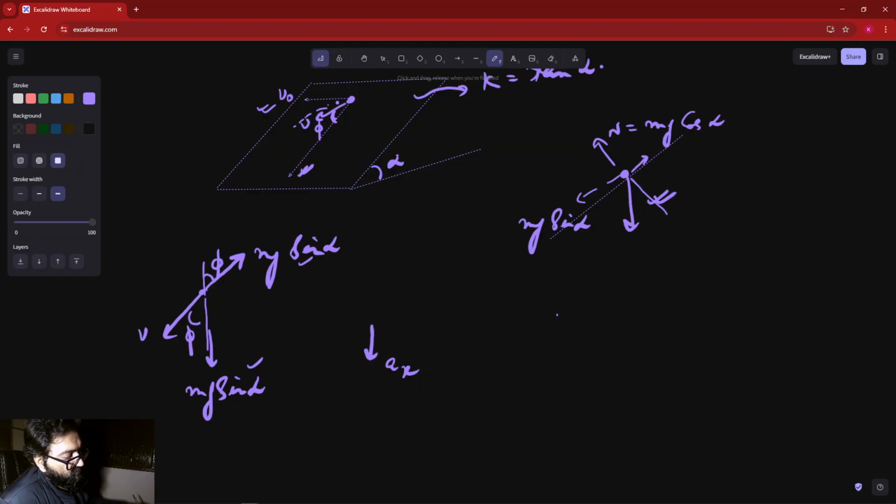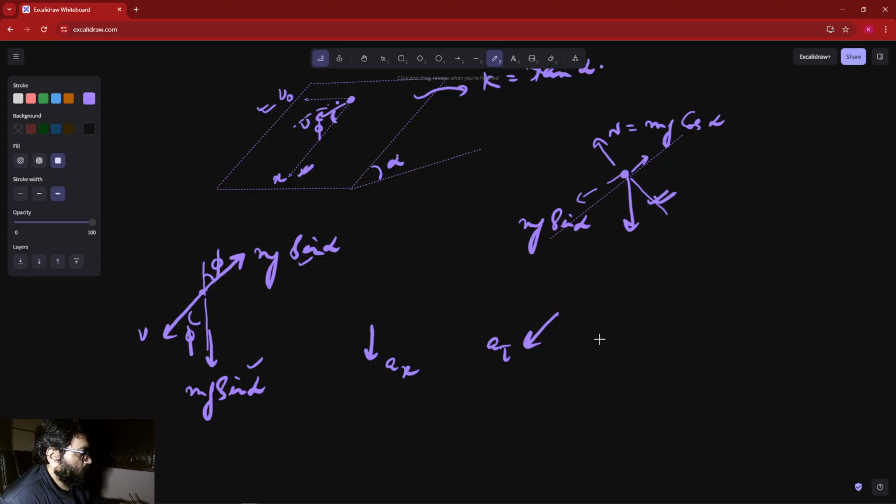The second acceleration that we can talk about is AT, okay. Alright, this AX is the acceleration in this direction, okay, that is along the incline, and this AT is the acceleration of the body along the velocity vector, and AT's direction keeps on changing, okay.